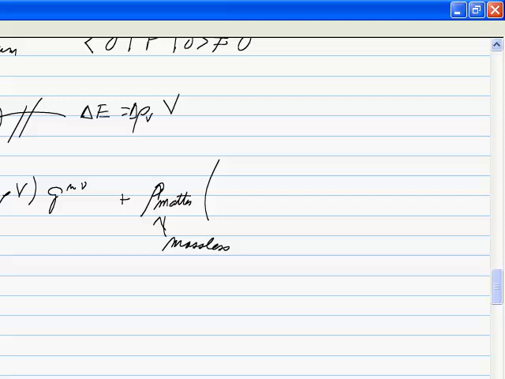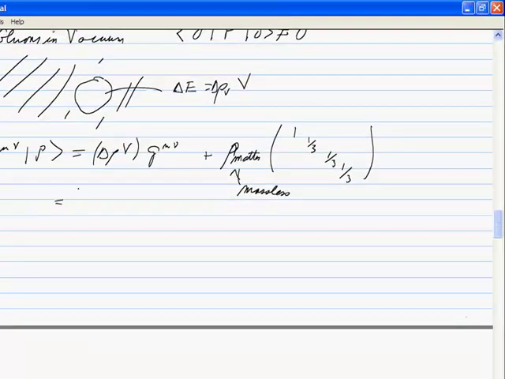The energy momentum tensor of massless stuff goes like 1, a third, a third, a third. This is the classic radiation in general relativity. It's traceless. So I've got g mu nu and traceless stuff. Then this is M proton delta mu 0 delta nu 0.